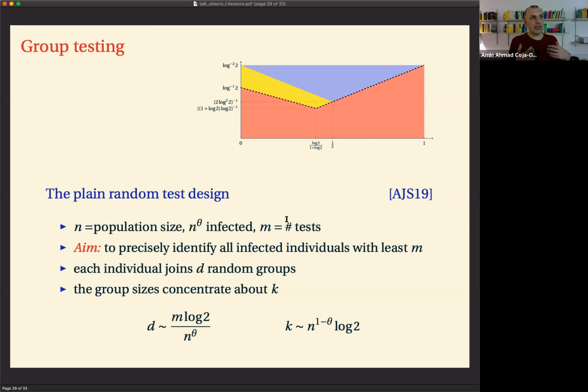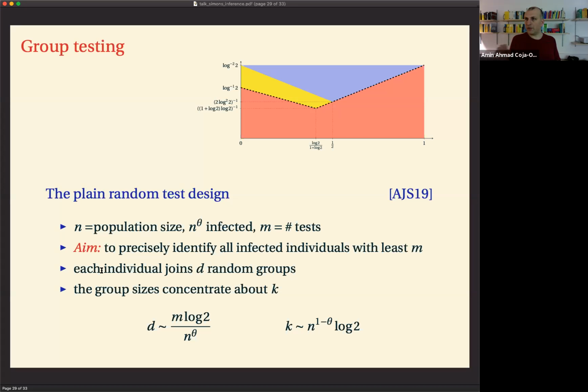And we want to conduct group tests with as small a number of tests as possible in order to precisely identify the infected individuals. A natural random design would be to simply have each individual join an equal number of test groups.